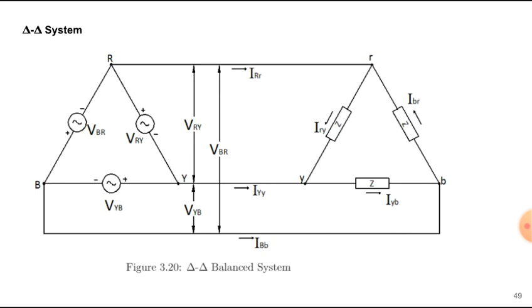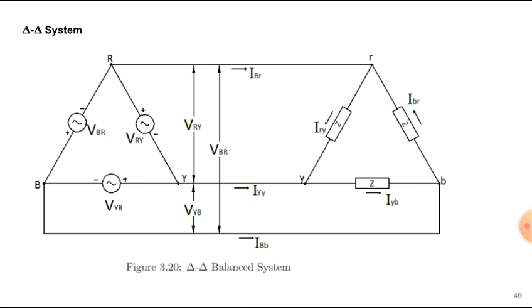For a Y to delta system, you can also use another method to solve that one. You can convert the delta load into Y load by using our transformation, then apply Y to Y. Here, it's delta delta.